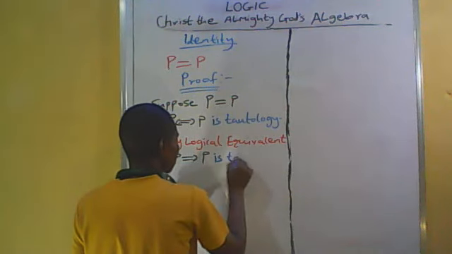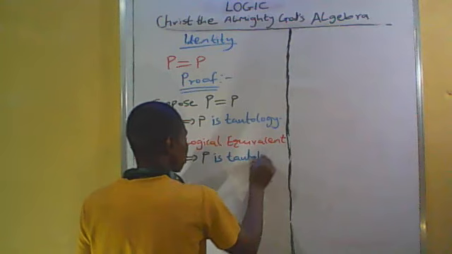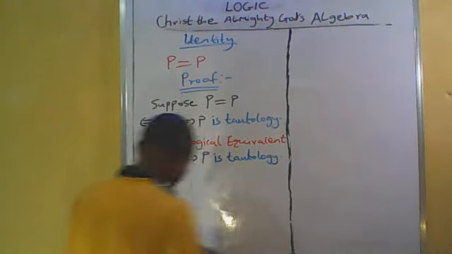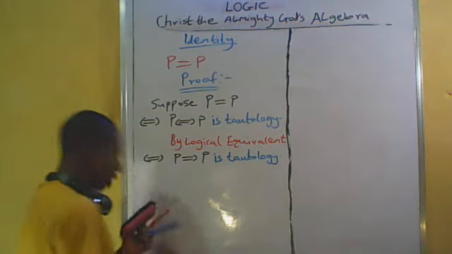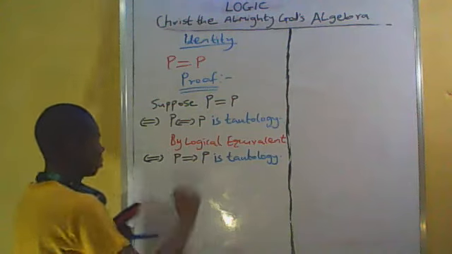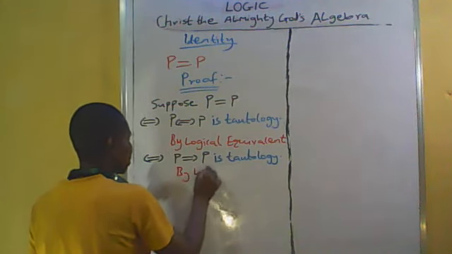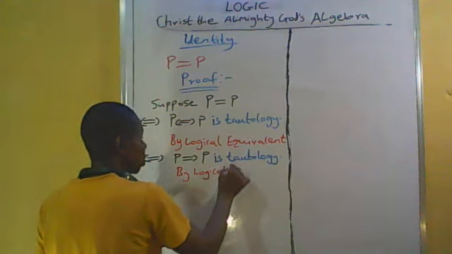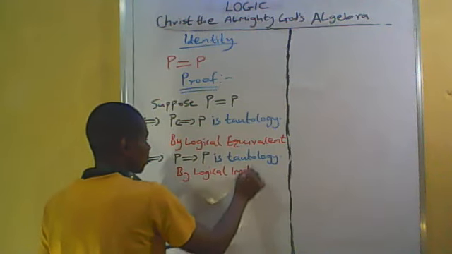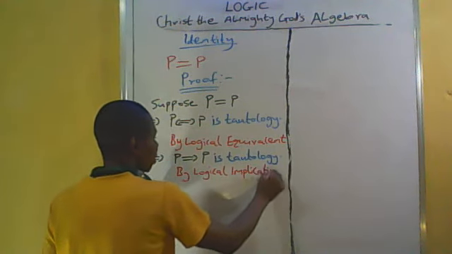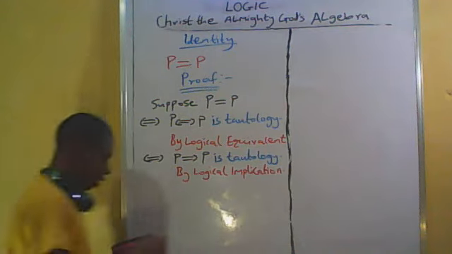Is tautology, being justified by logical equivalent, by logical implication. Being justified by logical implication.